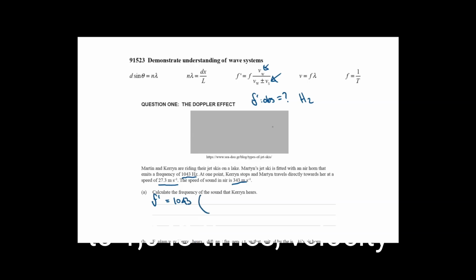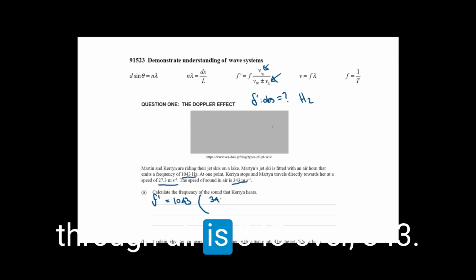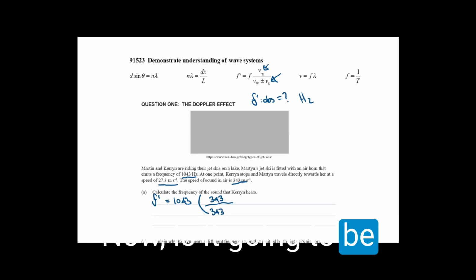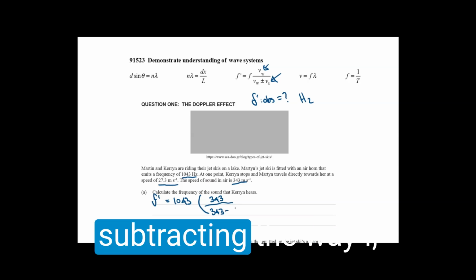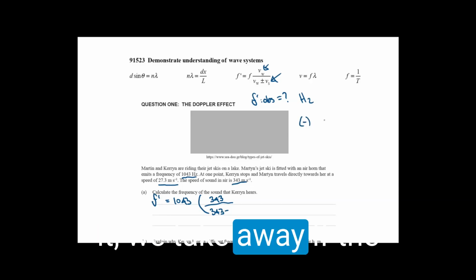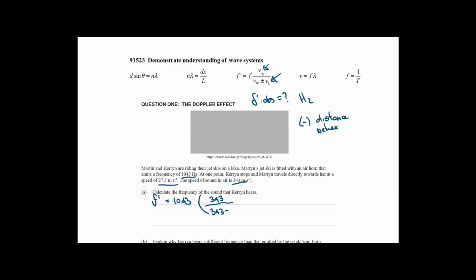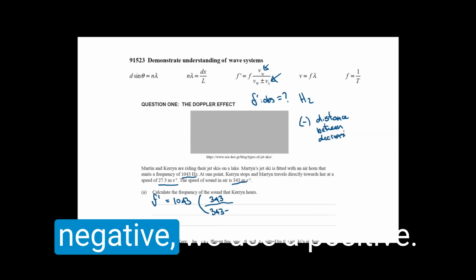So F dash is going to be equal to 1043 times velocity through air is 343 over 343. Now, is it going to be adding or subtracting? And it's going to be subtracting. The way I remember it, we take away if the distance is decreasing. If the distance between is decreasing, we use a negative.